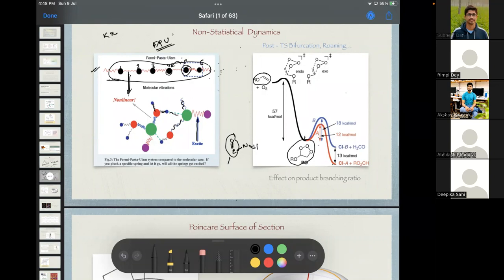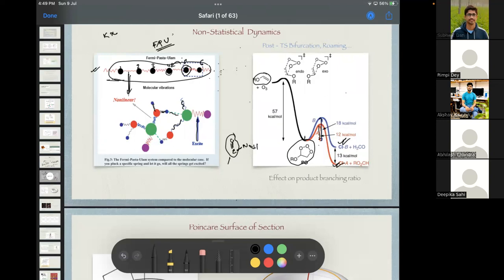This is product 1, let's say, and this is product 2. So this is the common intermediate, and from the common intermediate only two product channels can open. You can imagine that from the intermediate, two product channels are opening with different transition states and different barrier heights, right? You actually studied this typical potential energy curve in BSc or MSc.